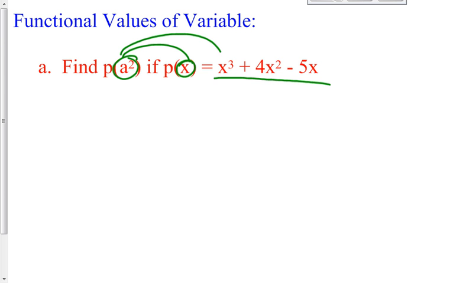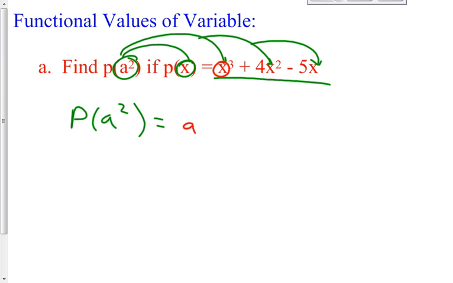So a squared is going to go here, a squared is going to go here, and a squared is going to go in here. It gets kind of messy, so it's very, very important to work slowly and to really show your work very closely. So my p of a squared equals this, x cubed, which x is no longer x, it is now a squared.